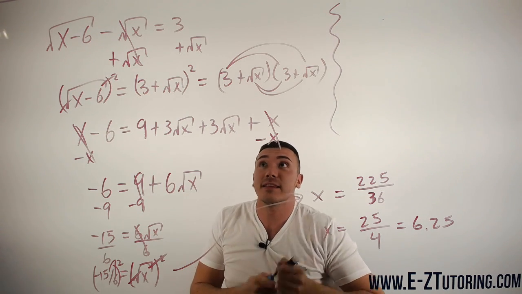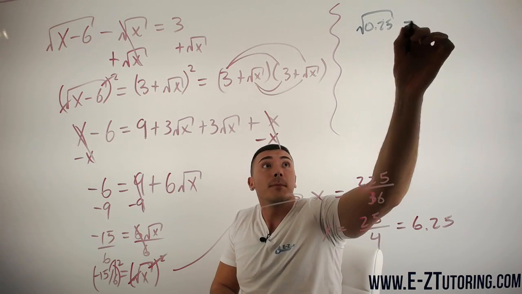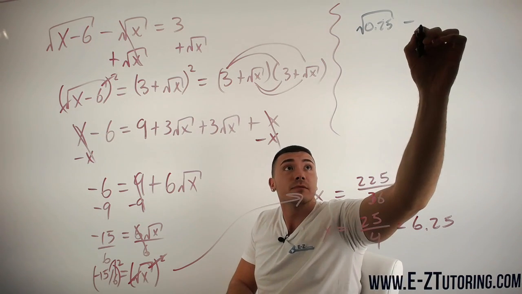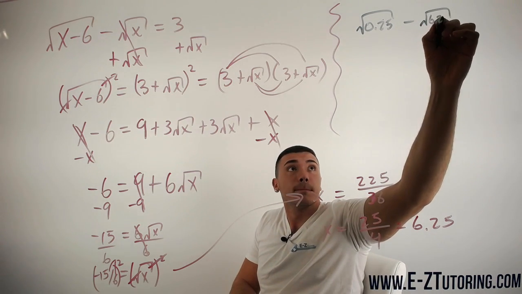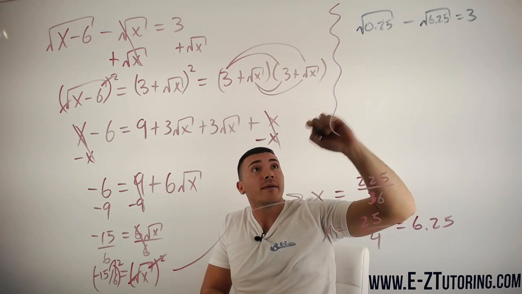6.25 minus 6 is the square root of 0.25 minus square root of 6.25 equals 3. So we have to test this out.